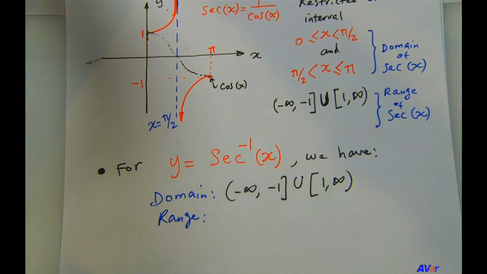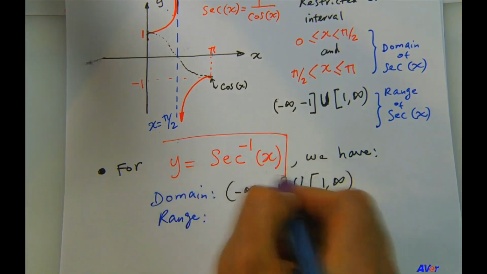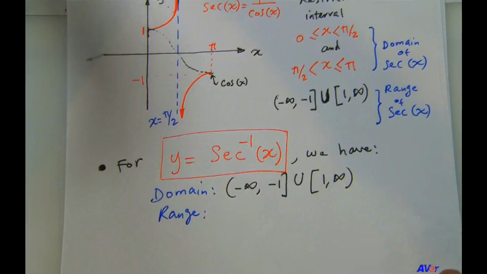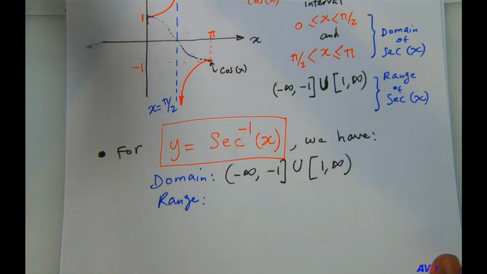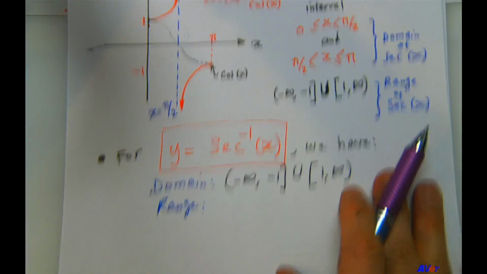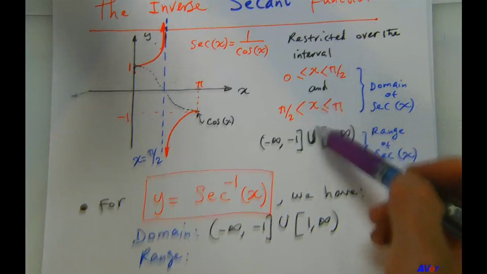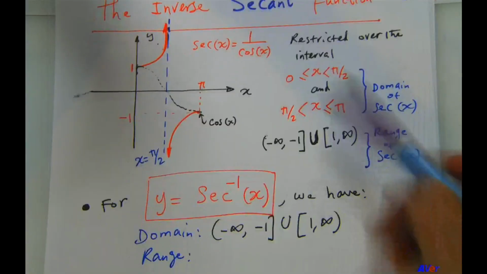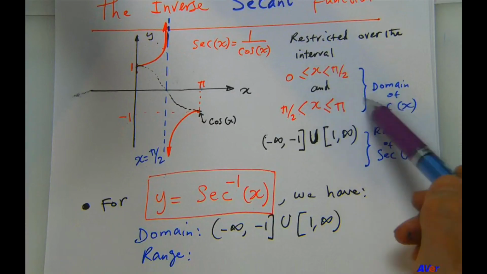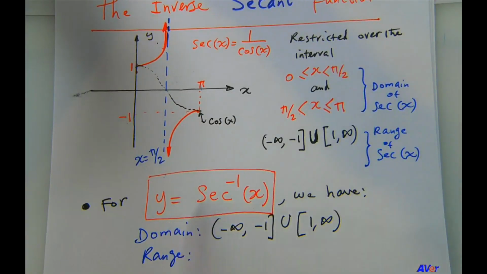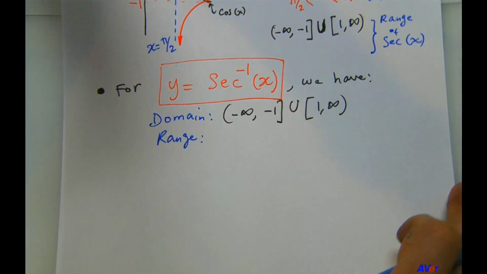of the, let me box this like that. So the range is going to be the domain of the secant function. So I'm going to duplicate this domain for the range of the inverse secant function. Like that.